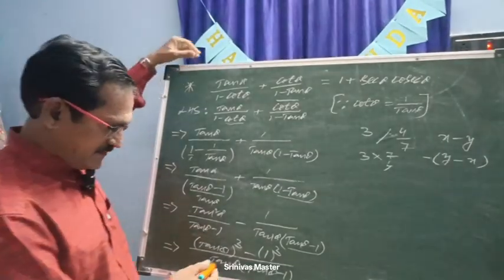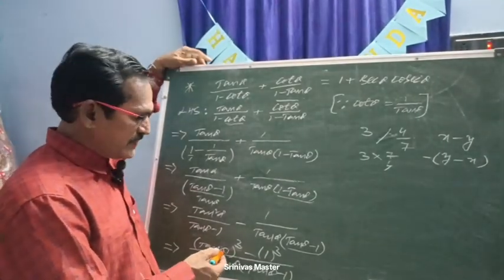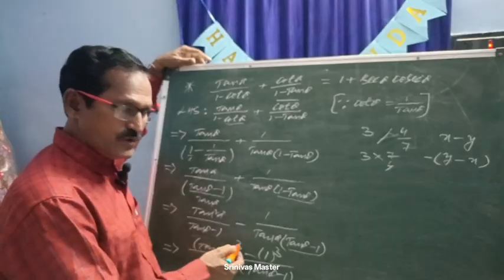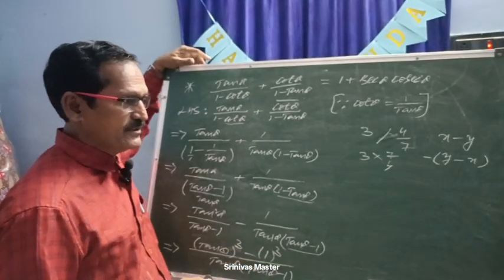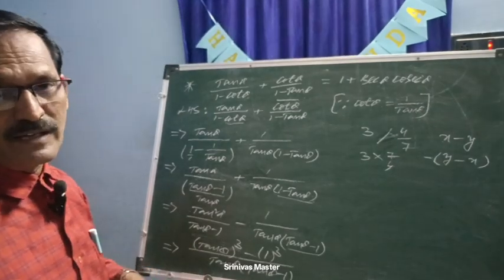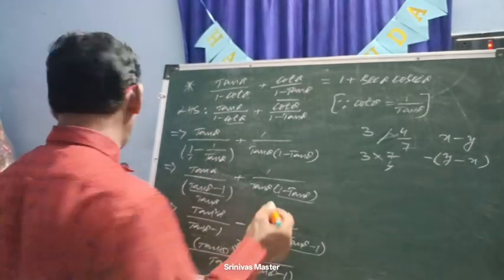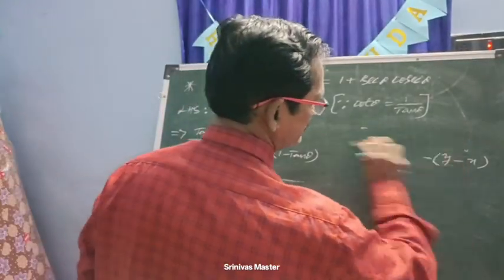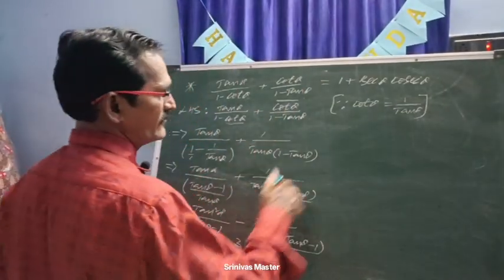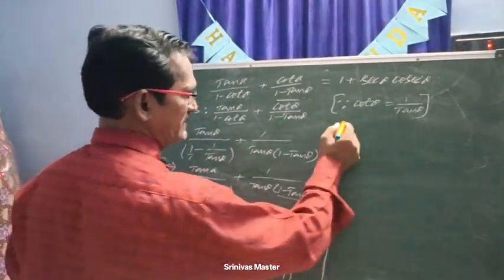Now we see children, in the numerator part, tan theta whole cube minus 1 whole cube. So here an algebraic identity will be applicable. According to the algebraic identity, what identity?